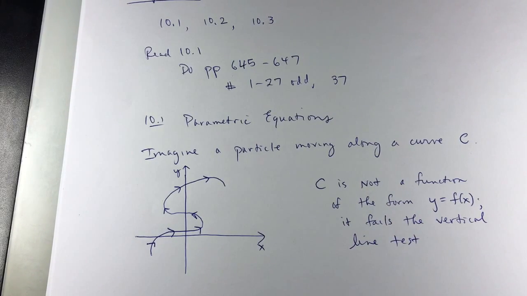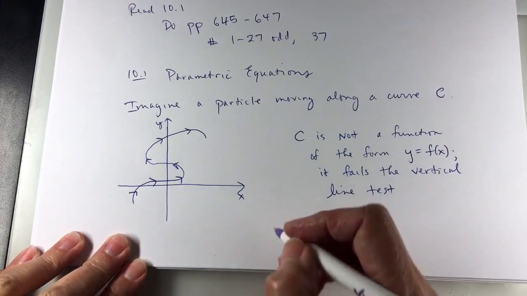But if I look at the ordered pairs on this curve, the XY pairs, it is possible that, again, I'm thinking of maybe a snail. It's possible that the position of the snail at time t would be a function. So we do this.